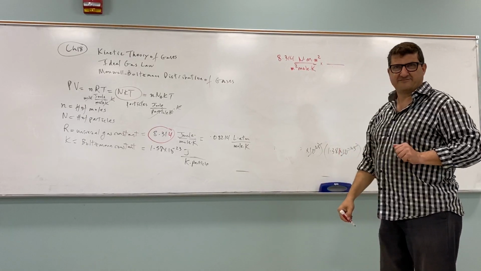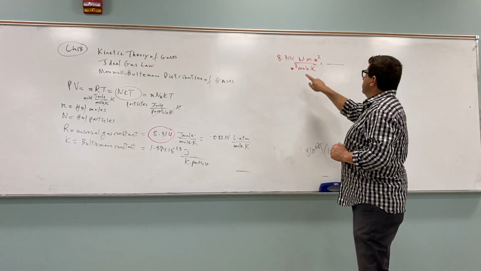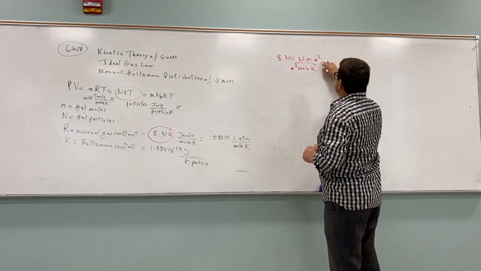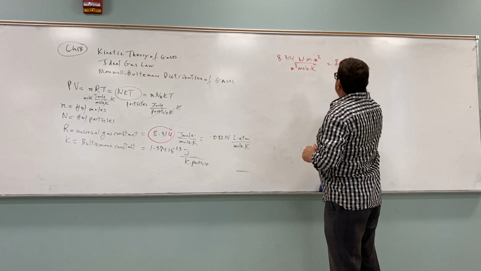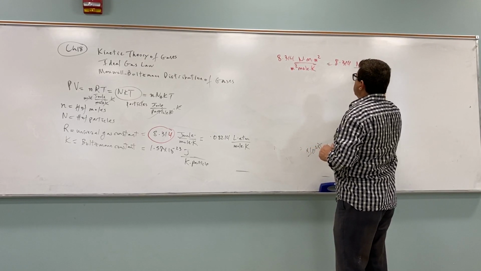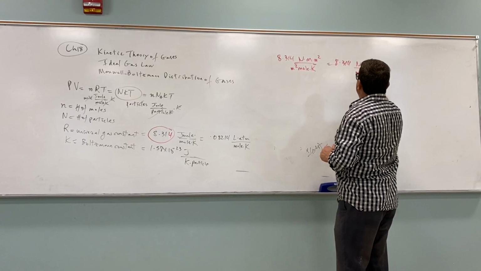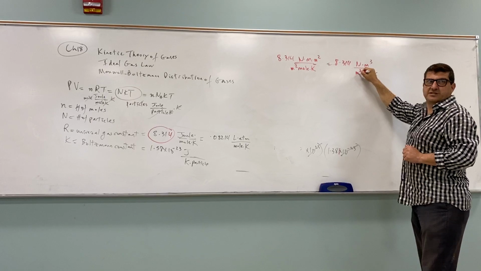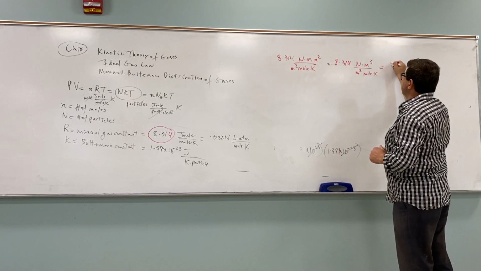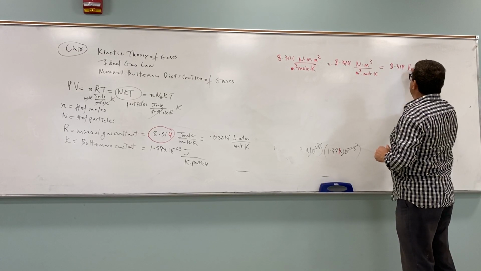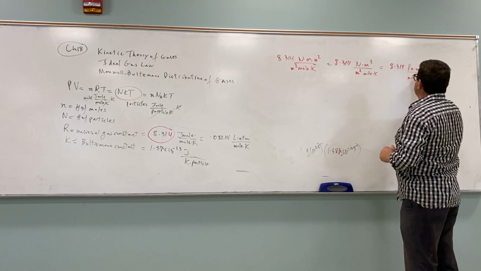That's how you convert. So you end up with 8.314 Newton times meter cubed over meter squared mole Kelvin. Newton per meter squared is a Pascal, a unit of pressure. So it's 8.314 Pascal times meter cubed over mole Kelvin.